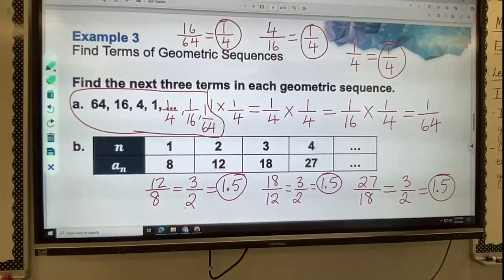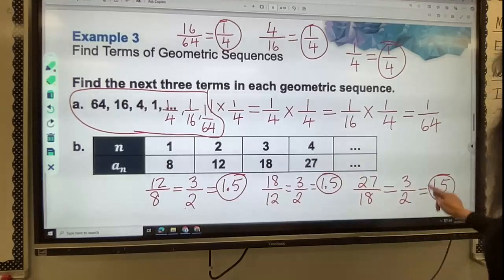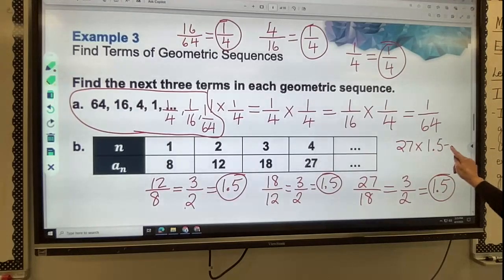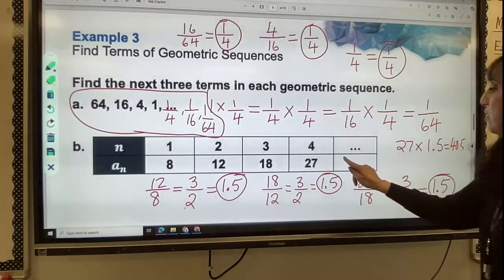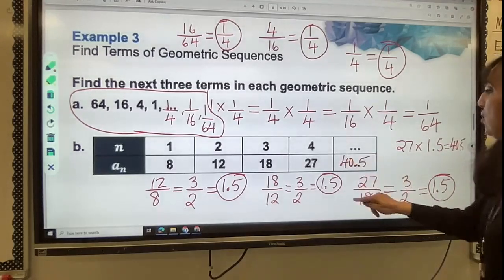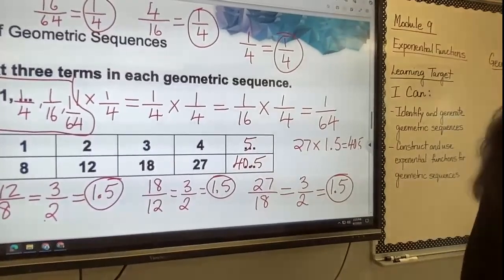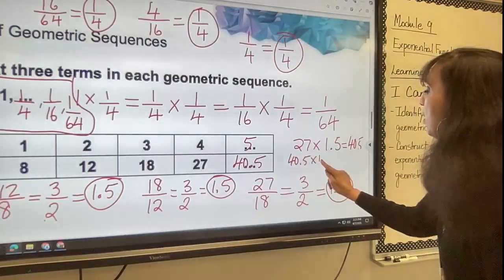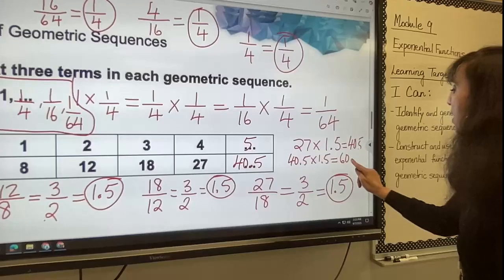Okay, so since I know that's the common ratio, the next thing that I'm going to do is I am going to multiply 27 here, 27 times 1 and 5/10, and I am going to get 40 and 5/10. So my next number is 40 and 5/10. So this is my 5th number. Okay, and then I'm going to have my 40 and 5/10 times 1 and 5/10 is going to give me 60 and 7500.